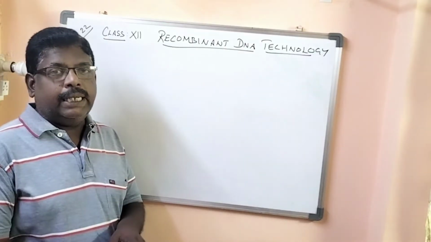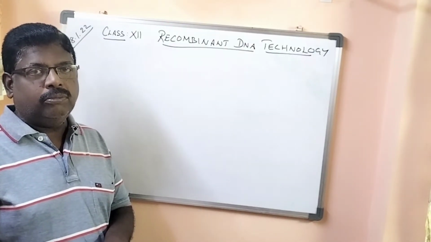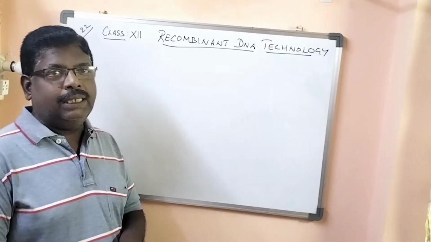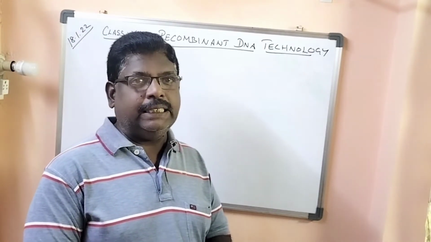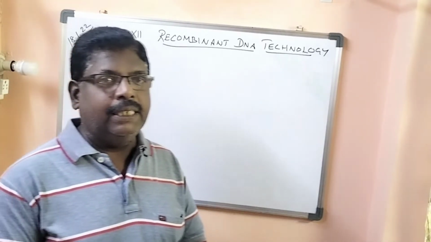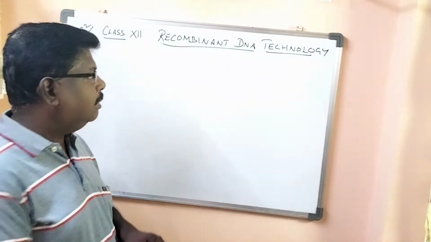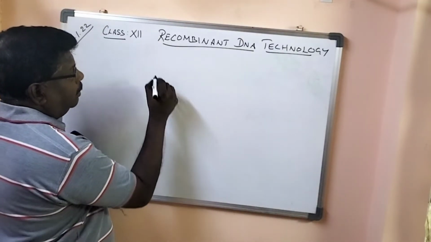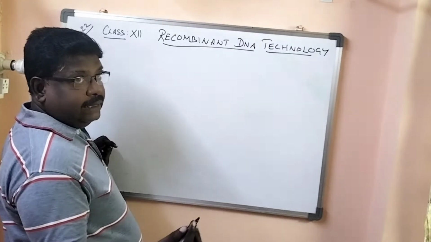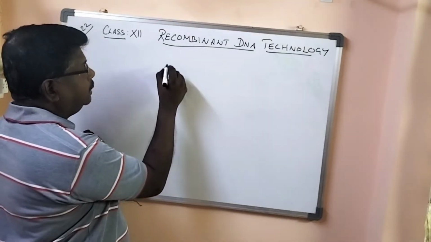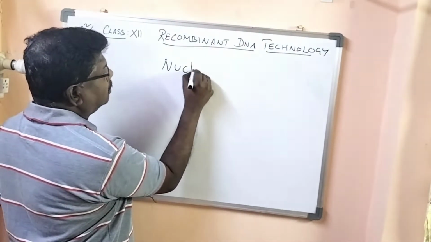So these enzymes, what will they do? They cut DNA at specific sites, right? The enzymes that act on nucleic acids are called nucleases.